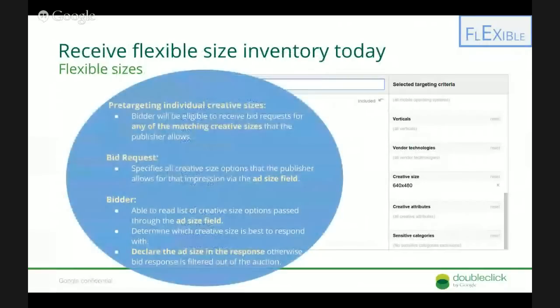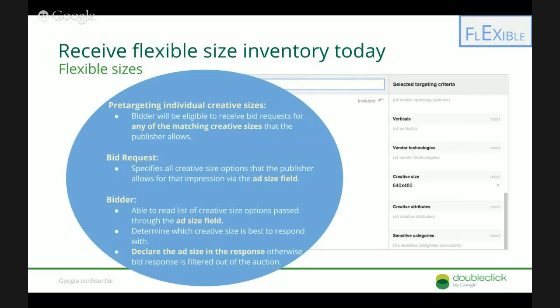A couple of things I also wanted to point out. Within the bid request for a custom size, that custom size dimension will be specified through the ad size field. So that's where you'll need to look to see what size the publisher is using or requesting for their monetization.